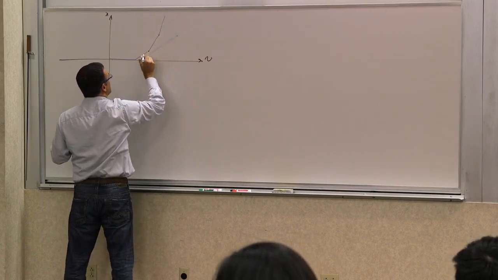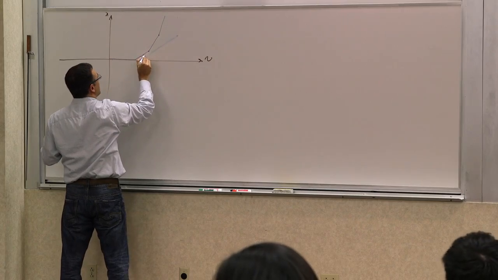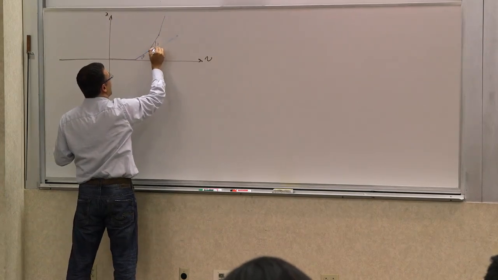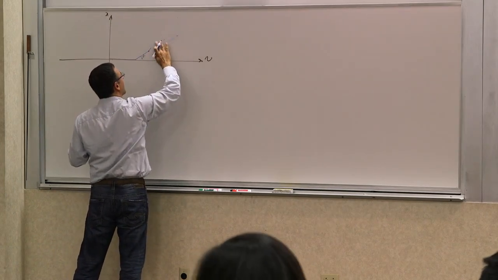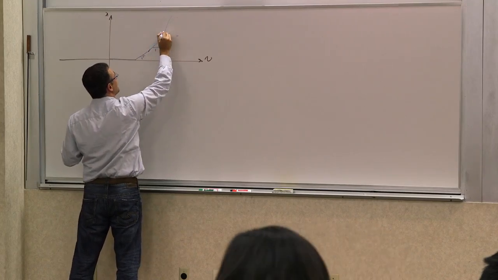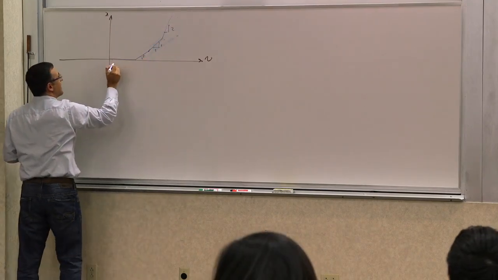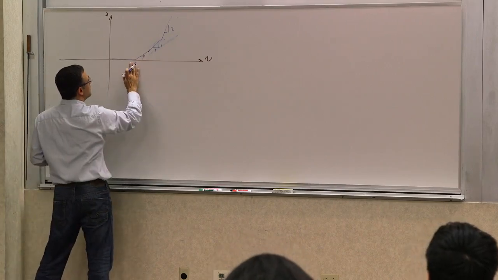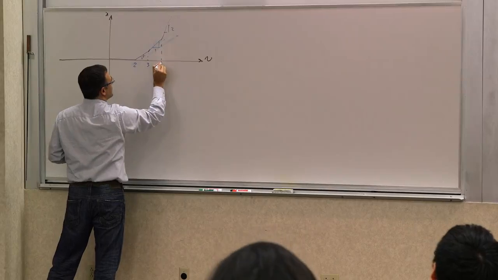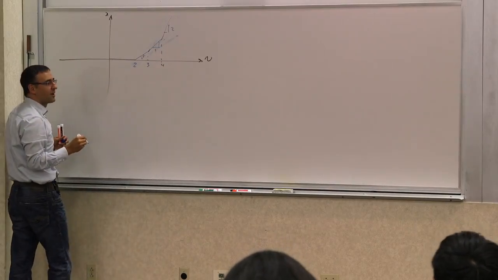So let's say there are 3 slopes here. This slope is 1/2. This slope is 1. And then this is, let's say, 2. And then this level, this voltage is 2 volts. This next switch happens at 3 volts, and next switch happens at 4 volts.